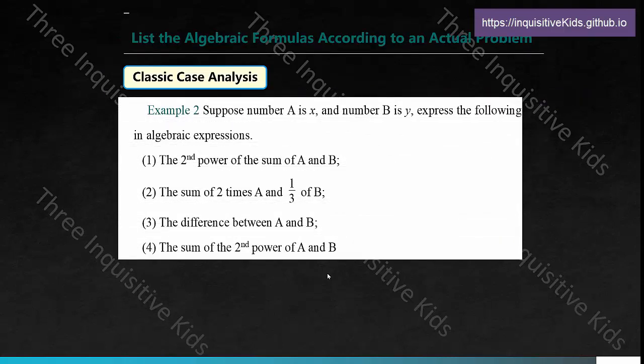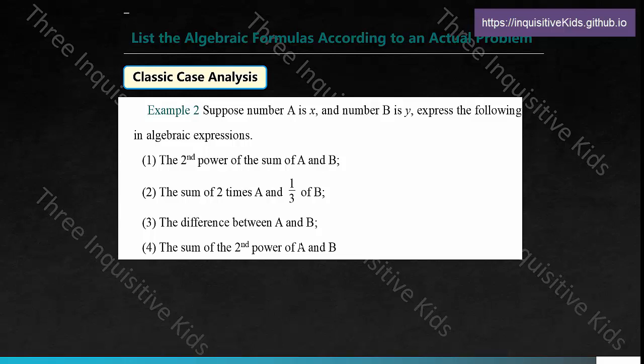Example 2. Suppose number A is x and number B is y, and express the following in algebraic expressions. These are all statements that you need to write down and the corresponding algebraic expression that is being described by these statements. So write those down on a sheet of paper and unpause the video to check your answers.